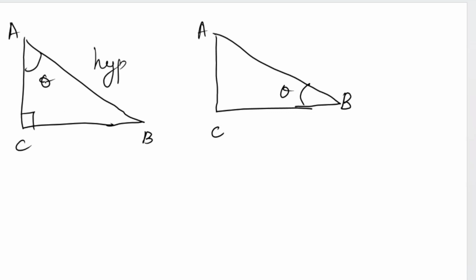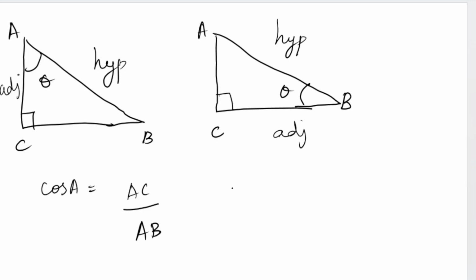This is the hypotenuse and the adjacent side is this. Here, which is the hypotenuse? The hypotenuse is this and the adjacent side is this, right? So what is cos A? Cos A is equal to adjacent by hypotenuse, which means AC by AB. And what is cos B? It is also adjacent by hypotenuse, but the adjacent side is BC and the hypotenuse is AB.